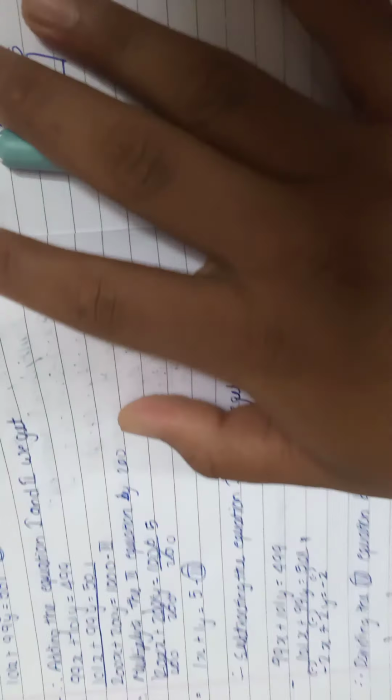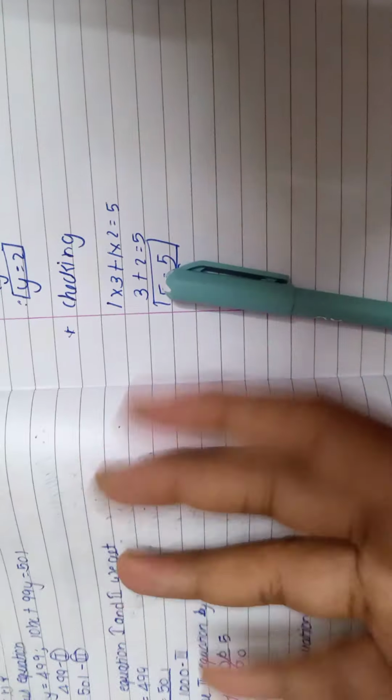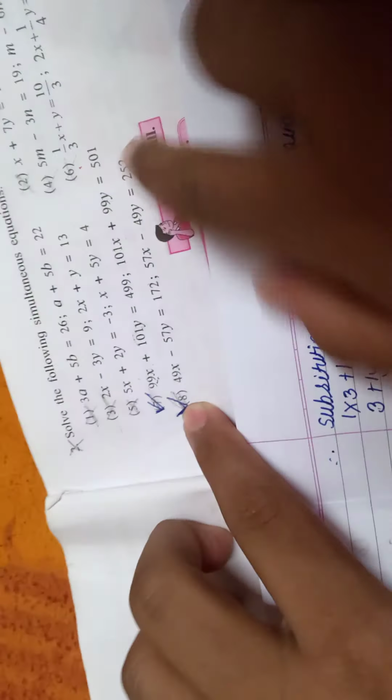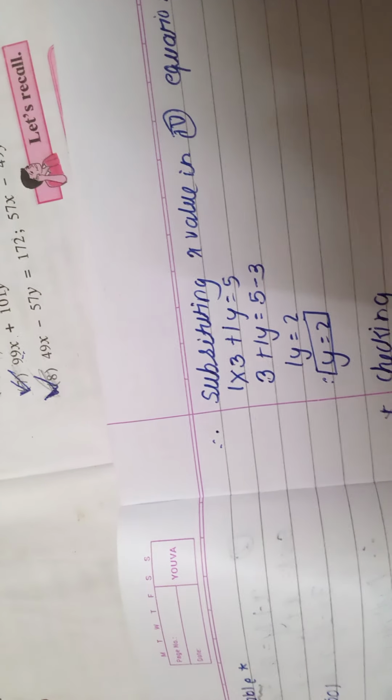The video has become very long, guys. I have made such a big video for you, and I had told you that I will do the 8th sum. But guys, the video has become so long that it is not possible. So you do the 8th sum on your own. If it is not coming, tell me in the comments, and I will make one more video for it. I had also said that I will give this, but it is not possible.